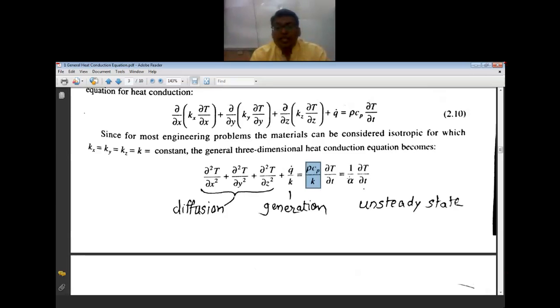Alpha is the thermal diffusivity term, which is equal to K upon rho Cp. Thermal diffusivity is K upon rho Cp.